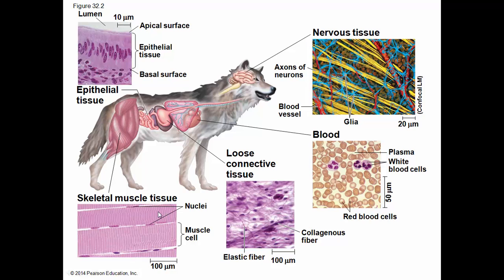Then the fourth form of connective tissue is the muscle tissue, and striated muscle tissue occurs in the skeletal muscles. There are looser structured muscle tissues that occur in the digestive system, which account for the smooth muscle activity that helps move food down from the mouth, from the pharynx into the digestive tract.